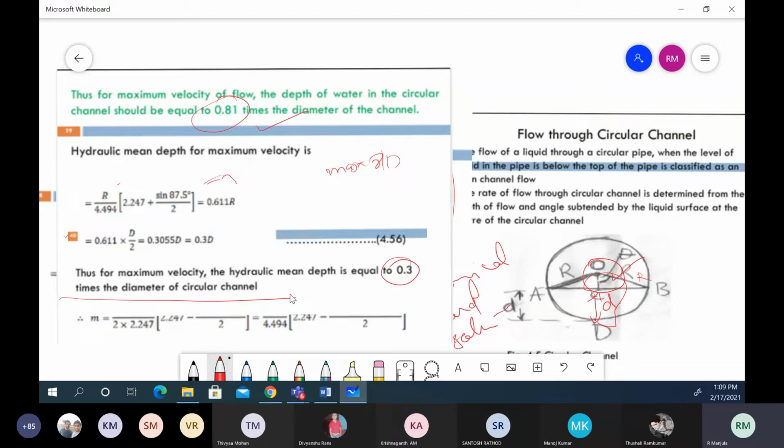So this is the condition for maximum velocity, for your depth of flow as well as your hydraulic mean depth. Now we will see the second one.